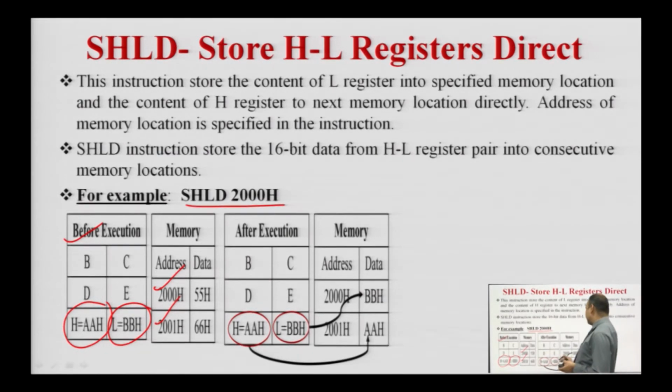After the execution, the content of memory location 2000H becomes BBH and the content of next memory location, 2001H, becomes AAH. So, this instruction will store the content of HL register pair into the two consecutive memory locations having addresses 2000H and 2001H.